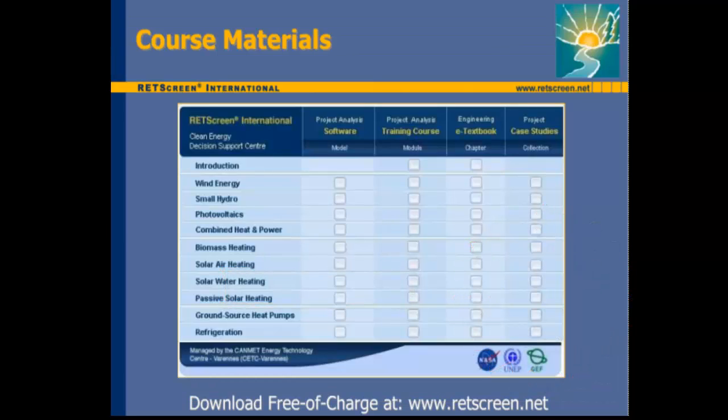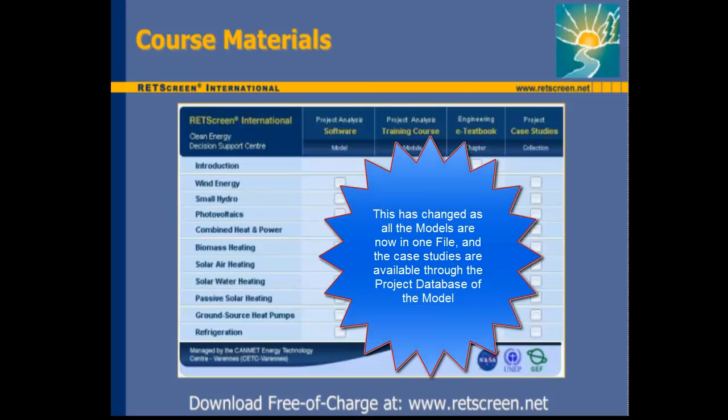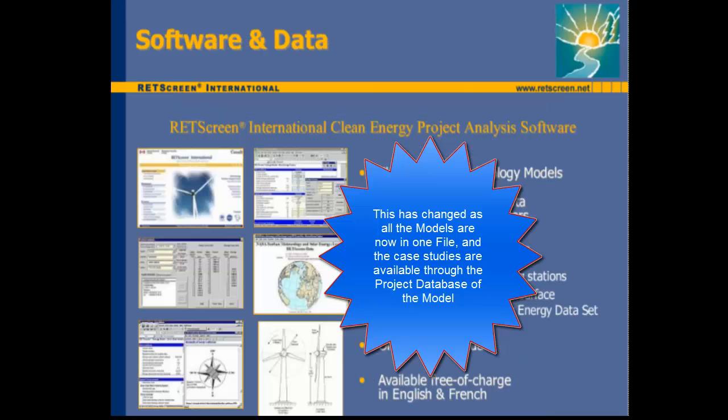Course materials. The Download Free menu item will access this table of options. Clicking on the buttons downloads the RETScreen software and data, presentation slides, e-textbook engineering manual, online software user manual, and case studies for each technology, all free of charge.